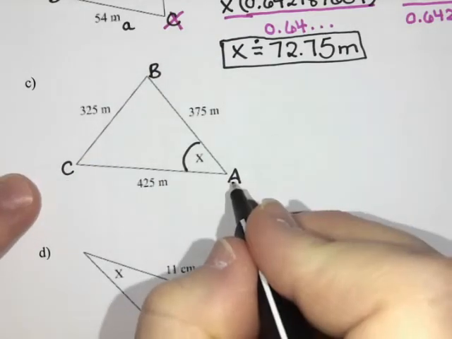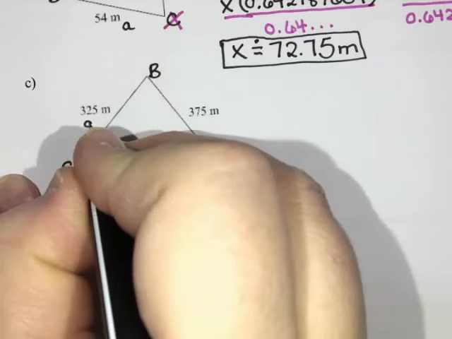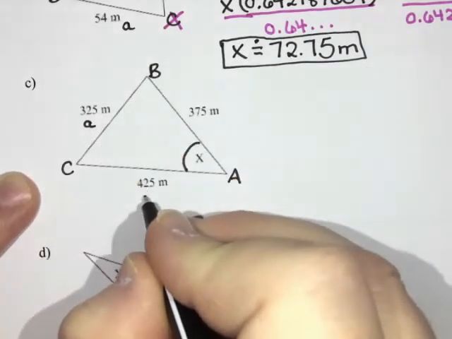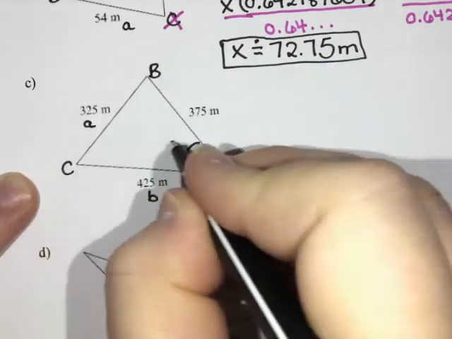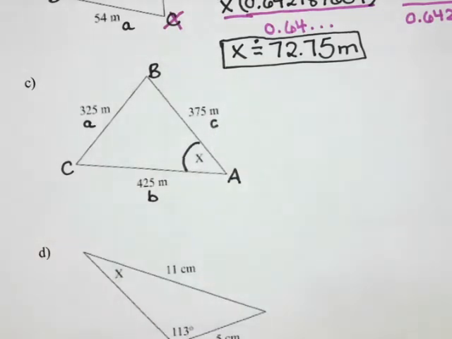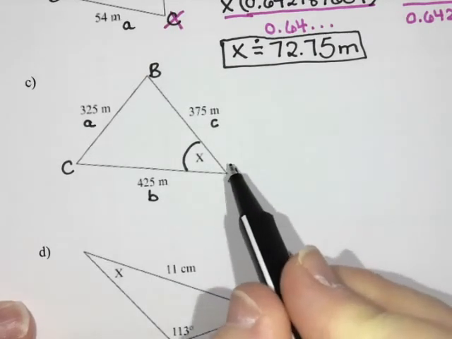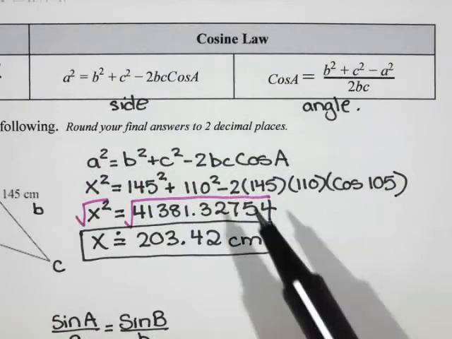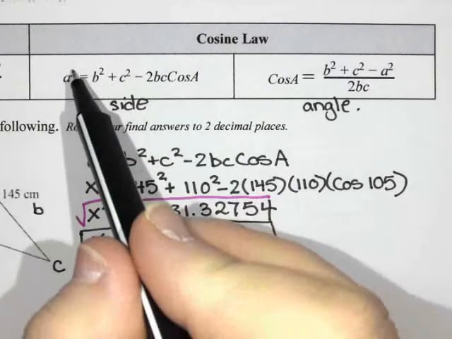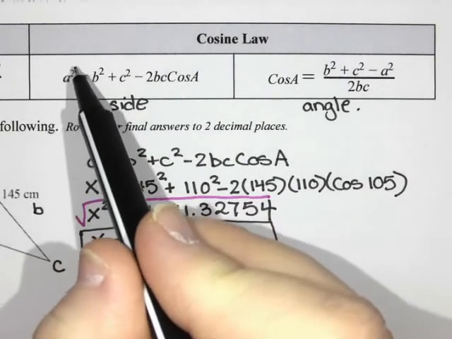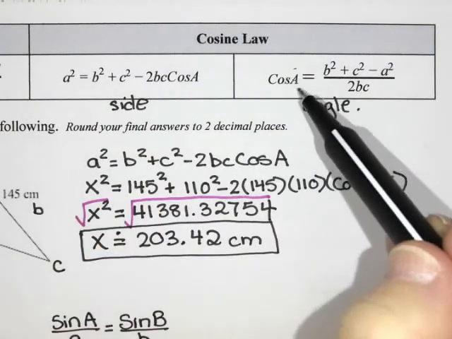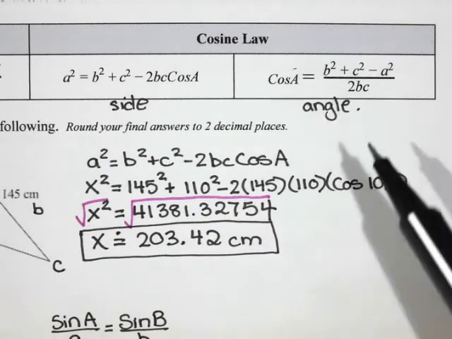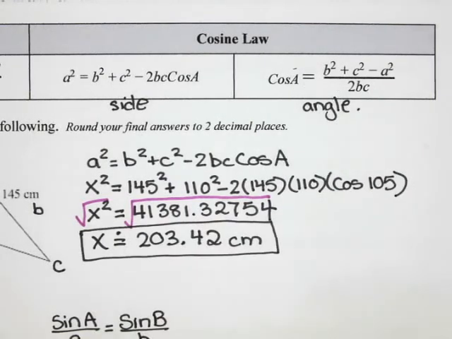So across from angle A is where you would find side A, across from angle B is where we would find side B, and across from angle C is where you would find side C. So another way you could tell that it's that second formula and not the first one is that we are trying to solve for big A, the large angle A. And so if I look at these two formulas, this one is what I would use if I was solving for the lowercase a. This is the one I would use when I'm solving for uppercase A, because those are the things that are on the left-hand side of the formula.